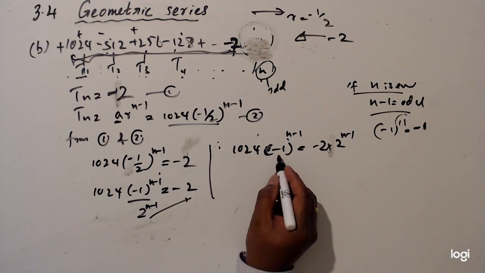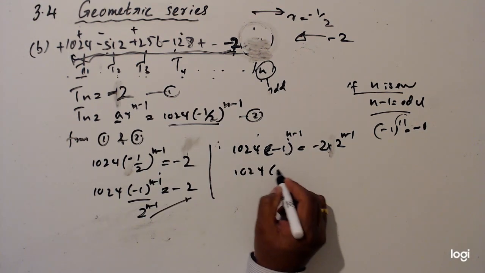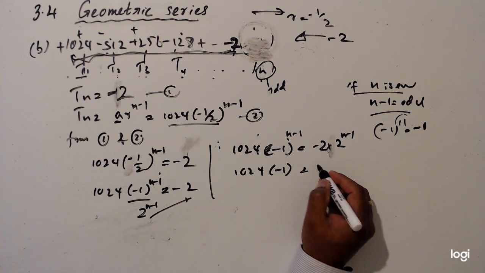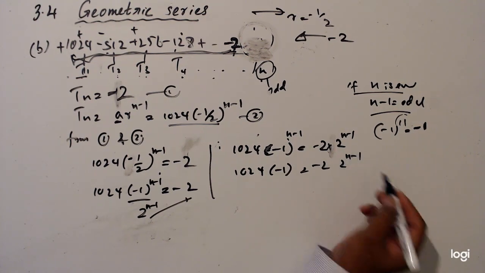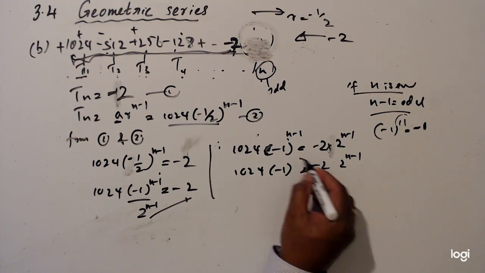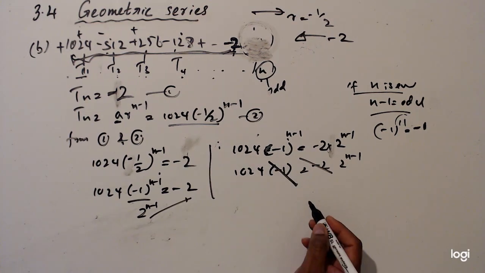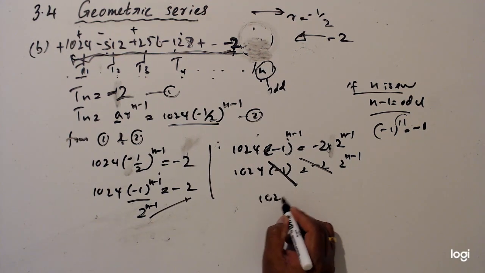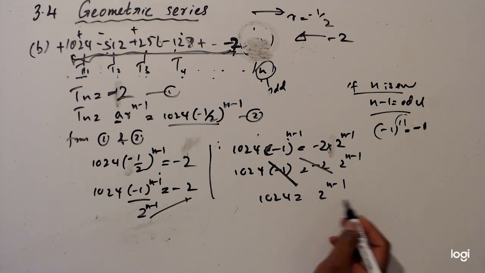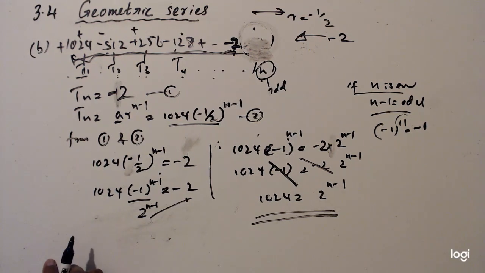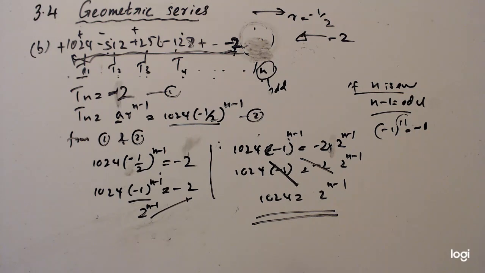So this is going to be 1024 times negative, equals minus 2 times 2 to the power n minus 1. Now this negative and this negative cancel out. Then 1024 equals 2 to the power n minus 1. Again it has become positive. Now you can apply the logarithms.